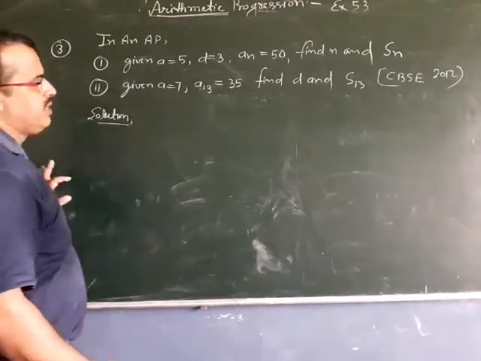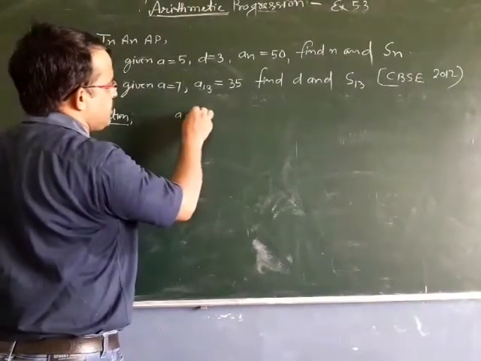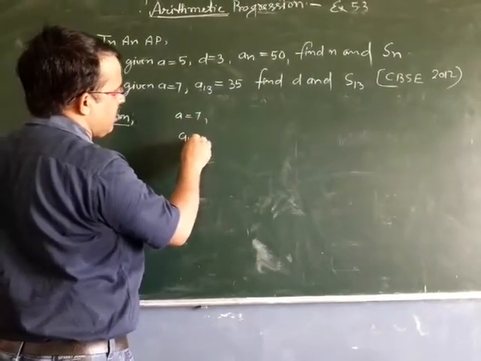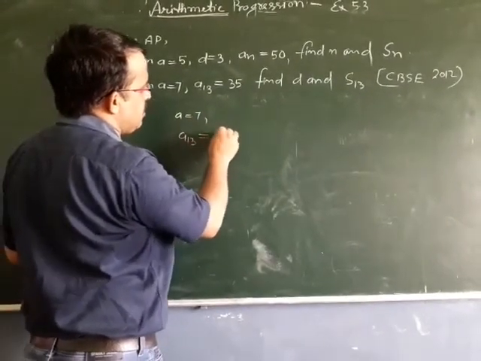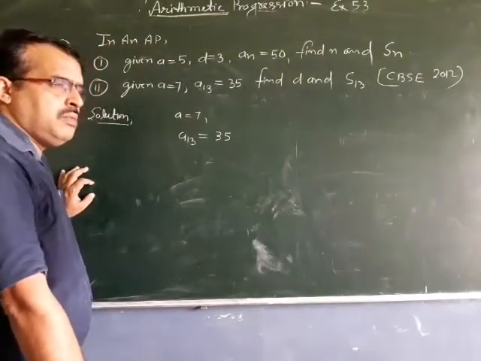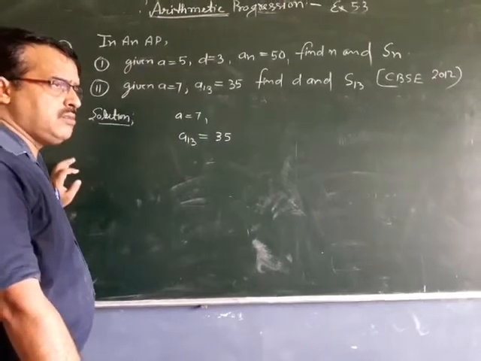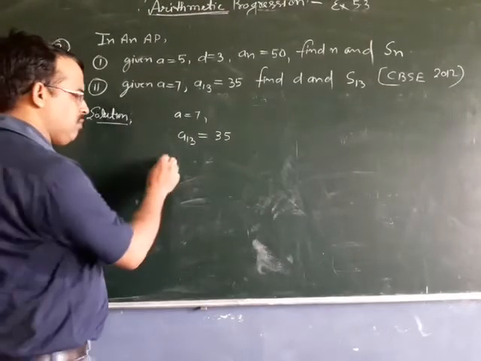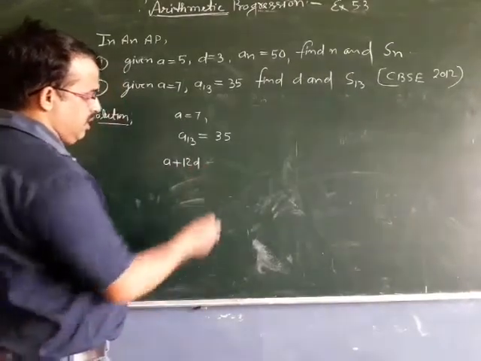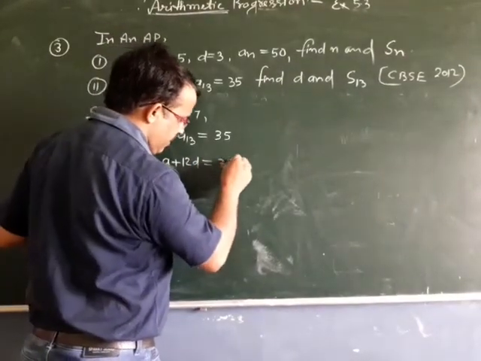Now here it is given that a is equal to 7 and a13 is equal to 35. a13 means the 13th term, so we write a plus 12d is equal to 35.